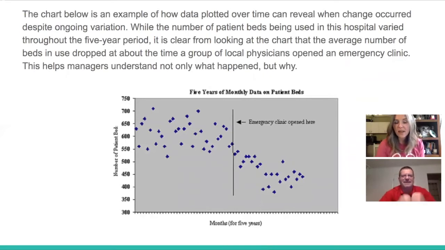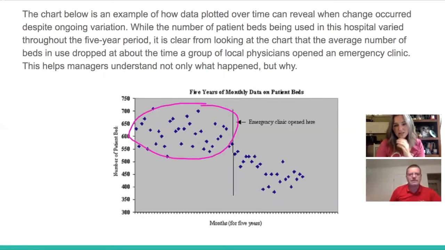So here's what we have: 5 years of monthly data on patient beds. If we didn't have that line in the middle telling us, you can see that the data is kind of spread out, and then all of a sudden it kind of clumps together, right? So we know there's probably a correlation between the time and the number of patient beds. And we see that it's decreasing. Those are all kind of lumped together, just fluctuating.